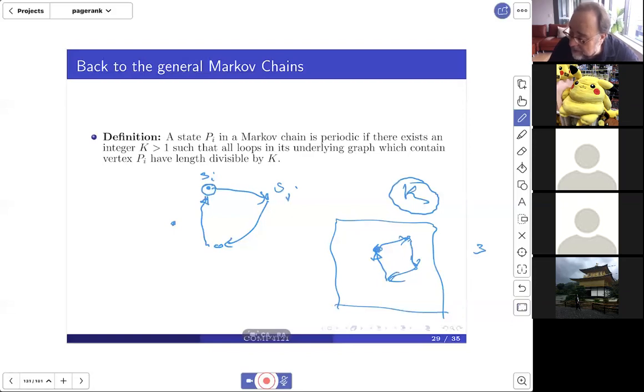Why is this impossible? In fact, for every web page, for what values of k are there loops starting and ending at that web page that contain exactly k edges?